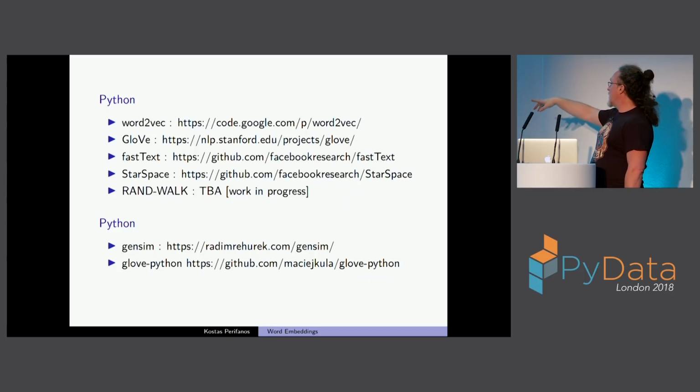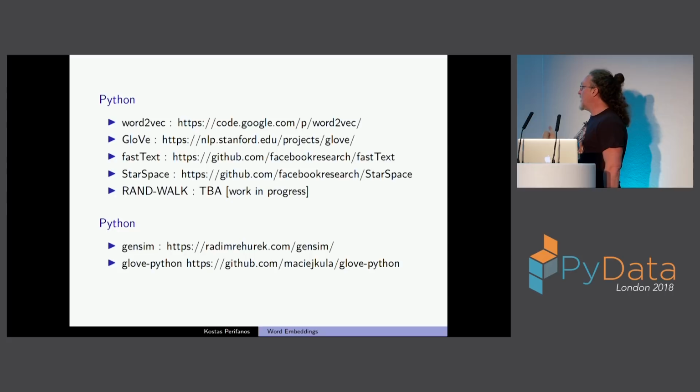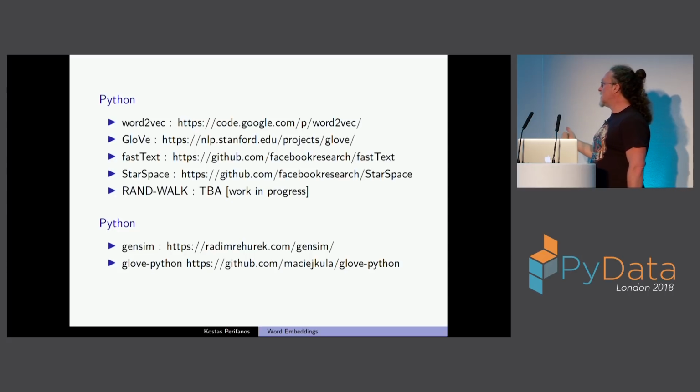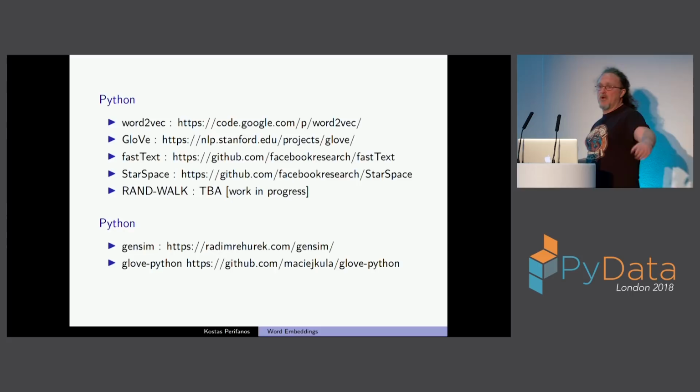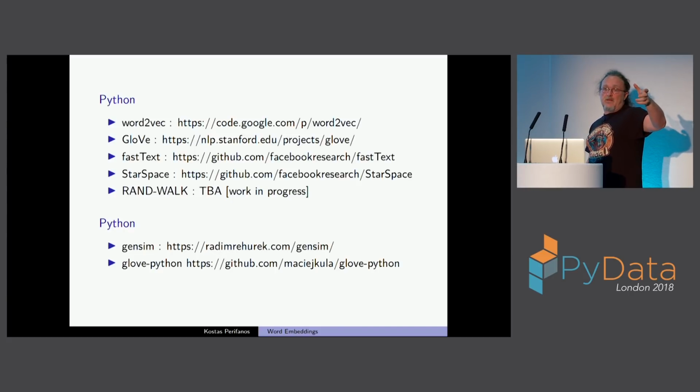In Python, you most probably all know Gensim, which is an awesome tool for topic modeling and embeddings in general. It implements word2vec and also doc2vec, which is essentially an extension of word2vec, where along with the text, you're also including labels or metadata that surround it.